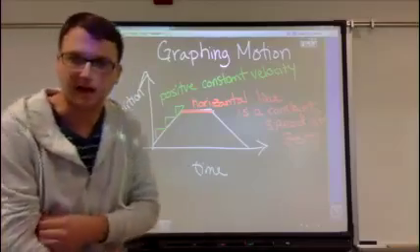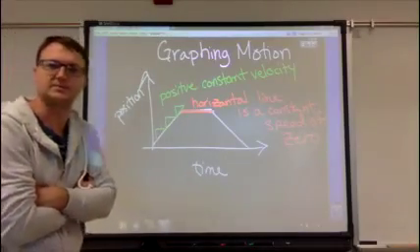So, a flat line or horizontal line is a constant speed of 0.